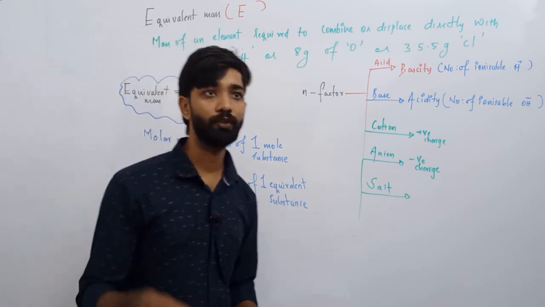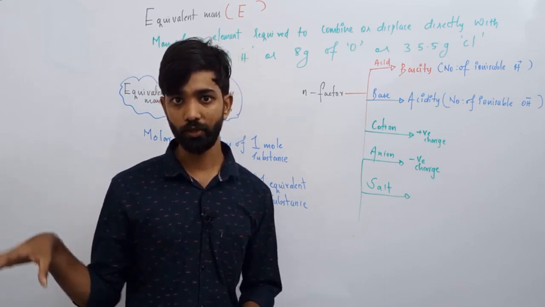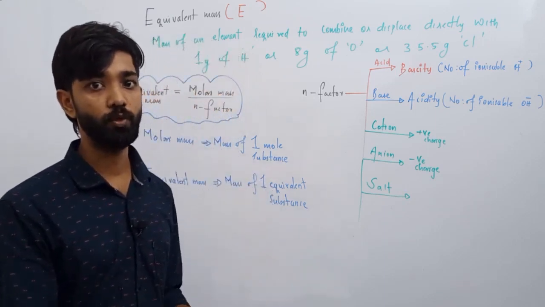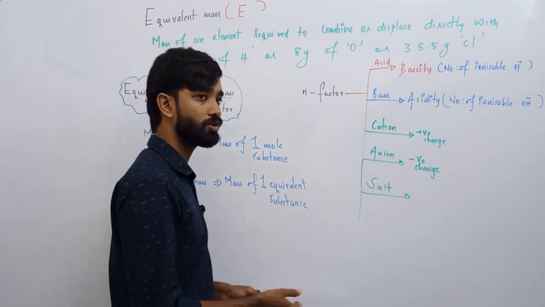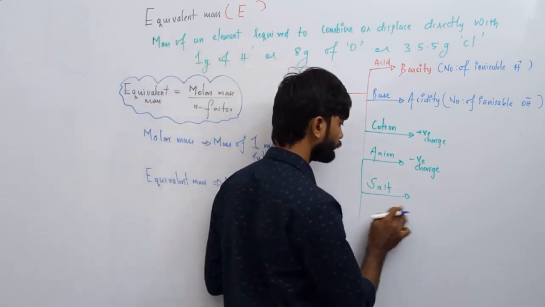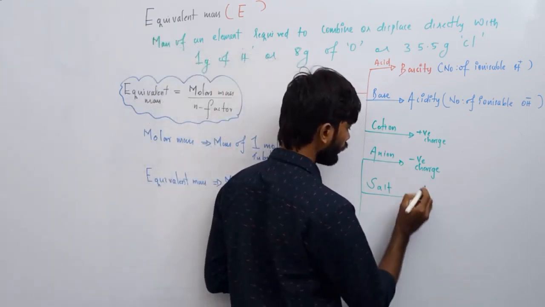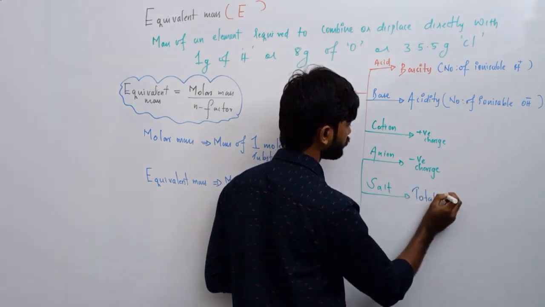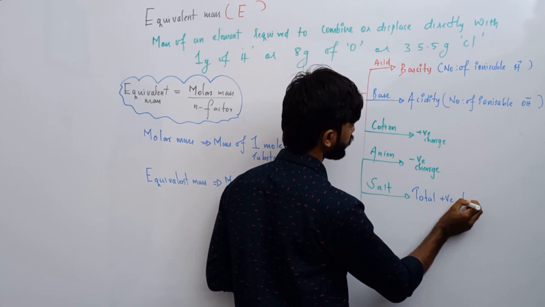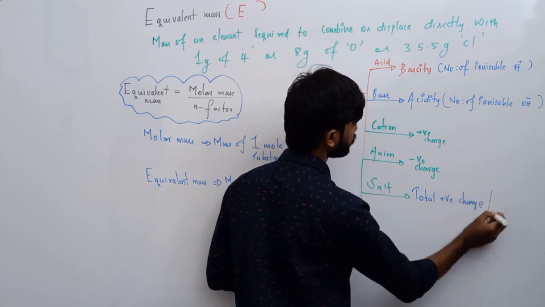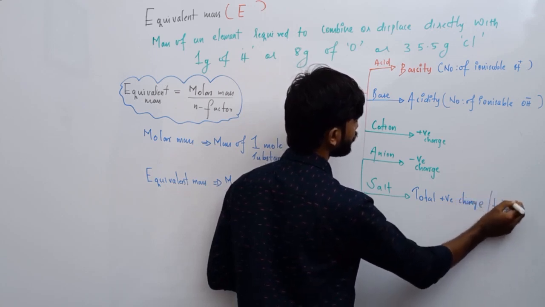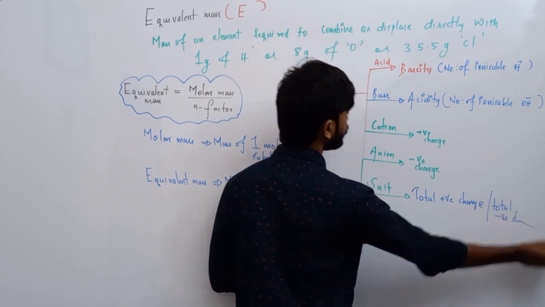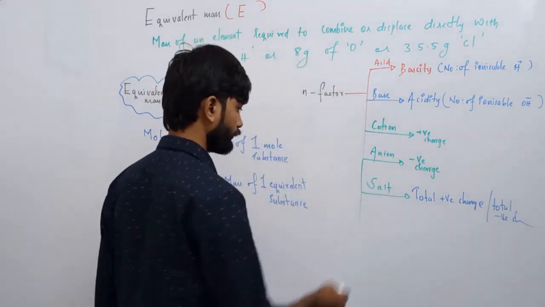If the cationic part offers +2, the anionic part offers -2, because salts are neutral. So that total positive charge or total negative charge is the n factor.